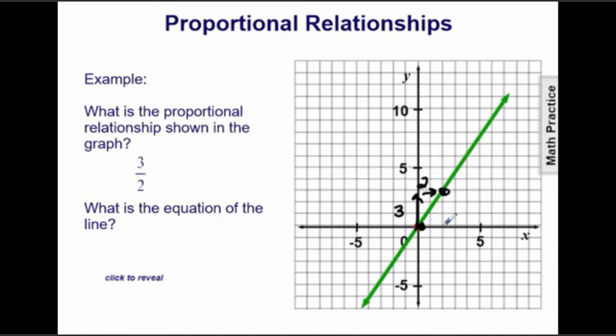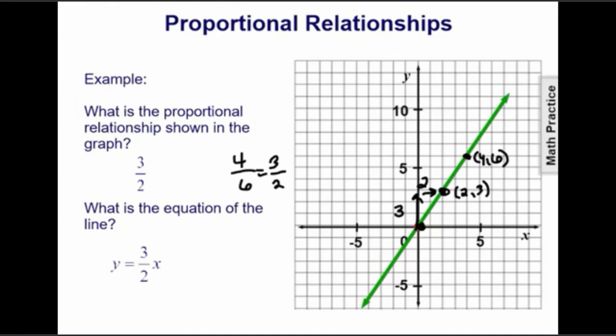So an example is you have the point 2, 3. So y over x would be 3 over 2. Even if you took this point here, which is 4, 6, well, 6 over 4 simplifies to 3 over 2. You can do that for any point on this line. So the equation of this line is y equals 3 over 2 x.